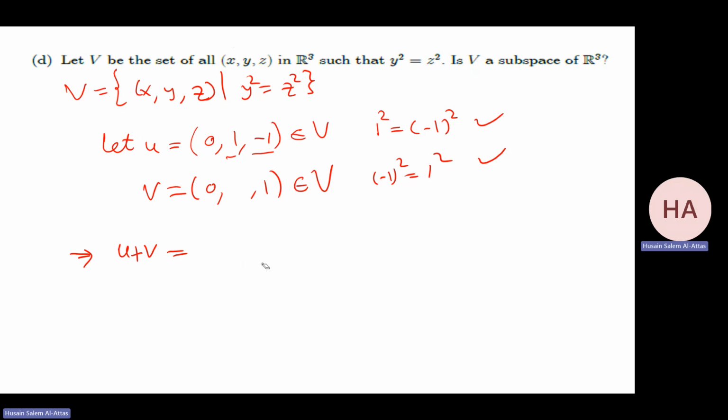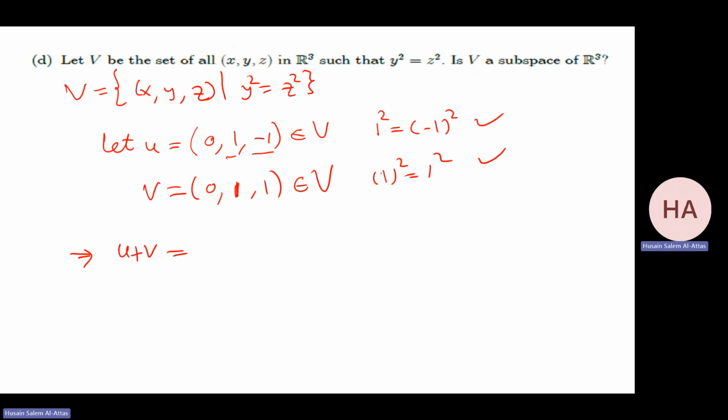This is not the right example. Sorry, make it one. Still, this is there. Sometimes you need to be careful about the example. The example I did was satisfying the condition.